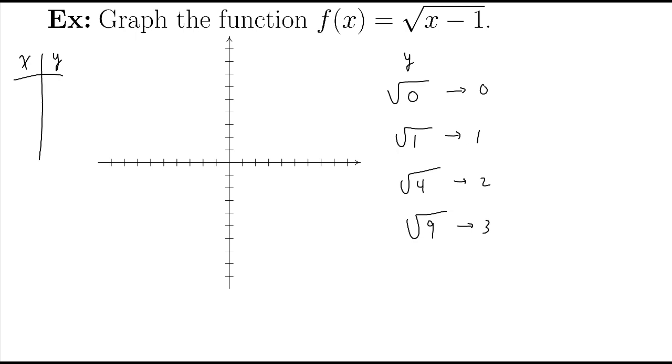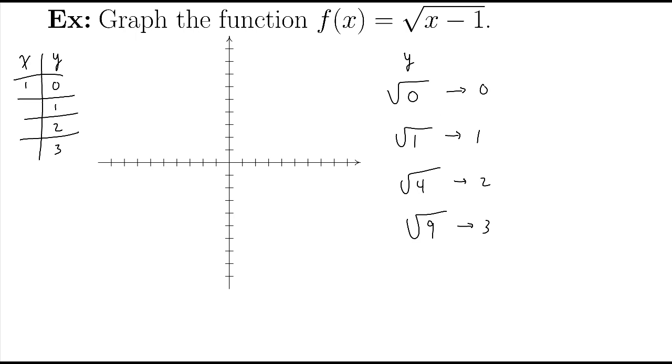So I'm kind of going to do this one backwards. Because now I'm going to ask myself, what would I have to plug in for x to get 0 down here? x minus 1 equals 0, so then what is x? 1. Okay, for this one here, I want to plug in something to where when I subtract 1, I get 1.